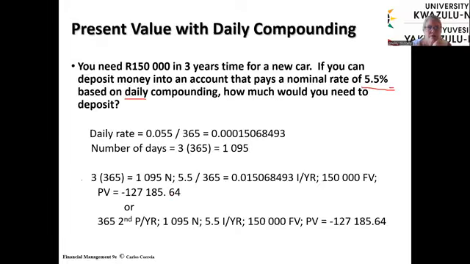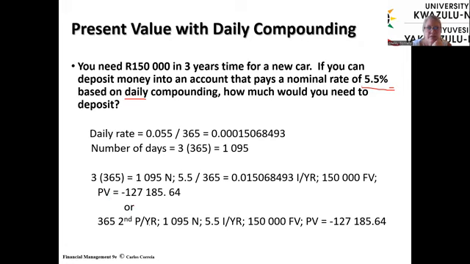So again, you either leave your PYR setting on 1, enter 1095 as your N, put 5.5 divided by 365 equals your interest rate as your IYR, your 150,000 is your FV because you need that amount in 3 years' time or 1,095 days' time, and then you hit PV. Okay.